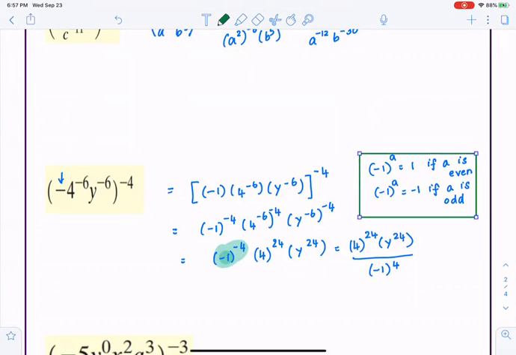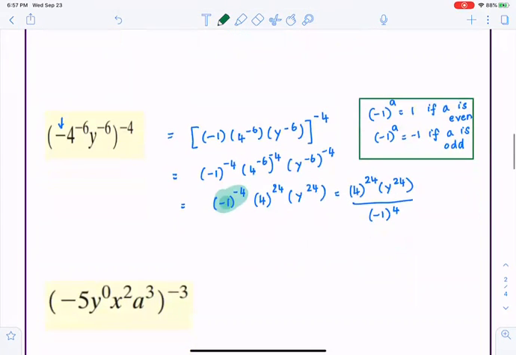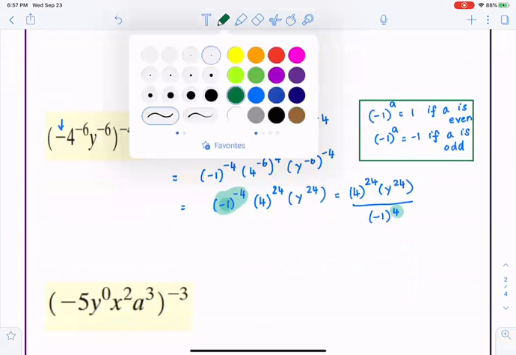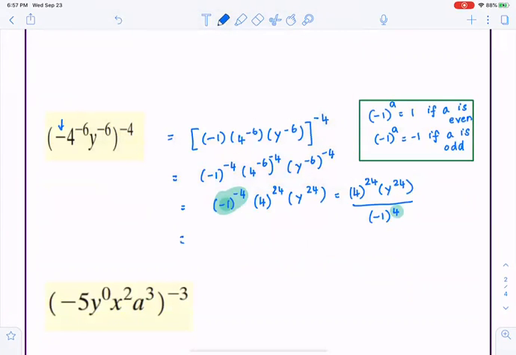If the power is even, then -1 raised to that even number would be 1. If it is odd, the answer would be -1. So in our case, 4 is even, so we will simply end up getting 1 in the denominator. So 4 raised 24, y raised 24, divided by 1.